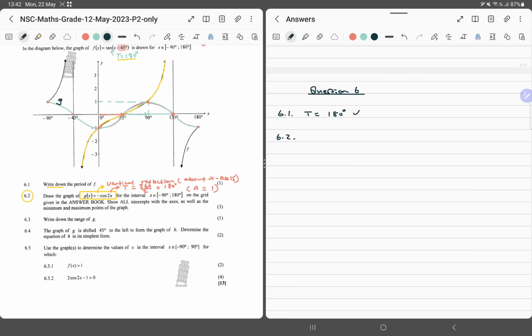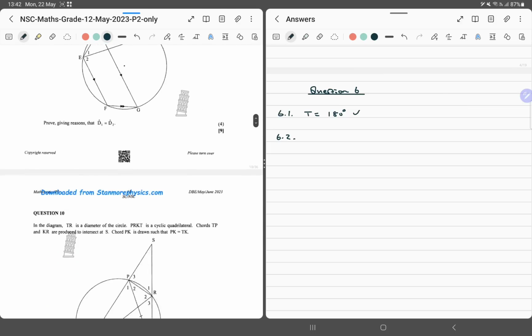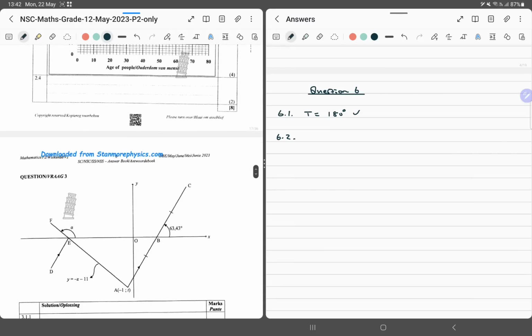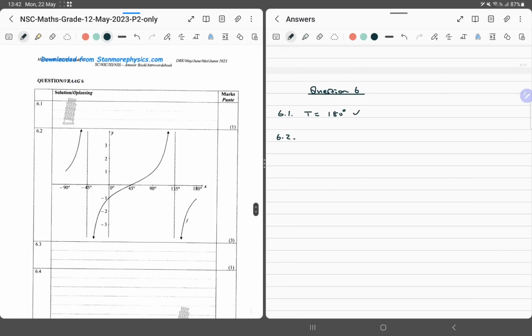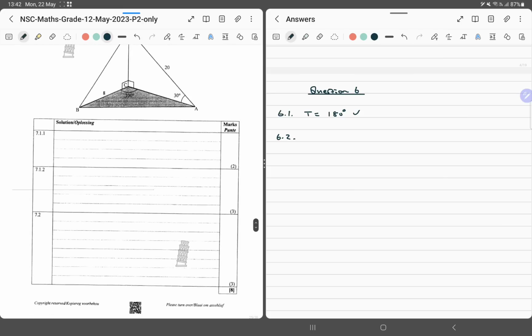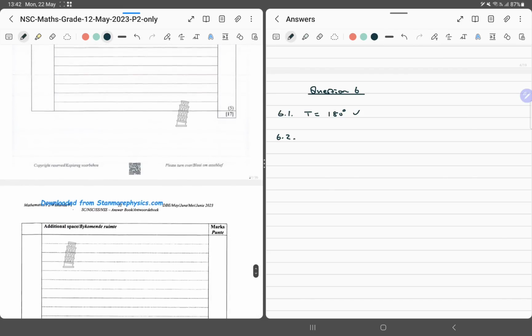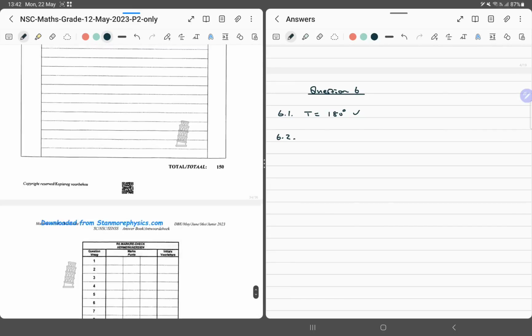But when they're telling you do it on the grid, let's see what's so special about that grid anyway. They didn't give us the grid, did they? So they didn't.